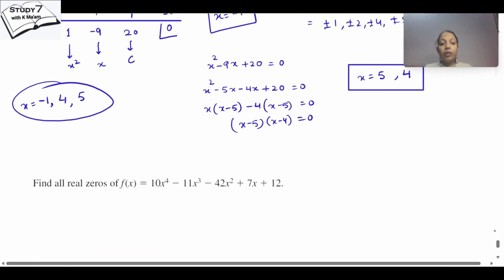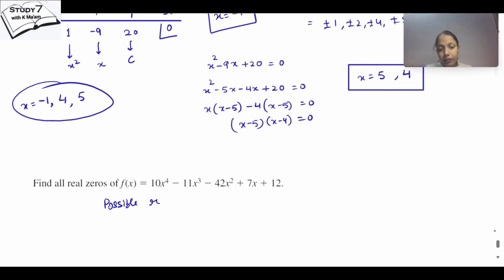Next is find all real roots for this. Here I will just solve for the possible rational roots. The remaining you can try yourself. Possible rational roots. It's 12 over 10. What are the factors of 12?